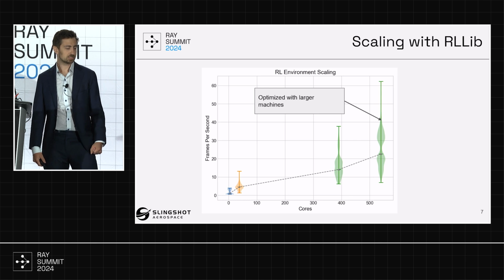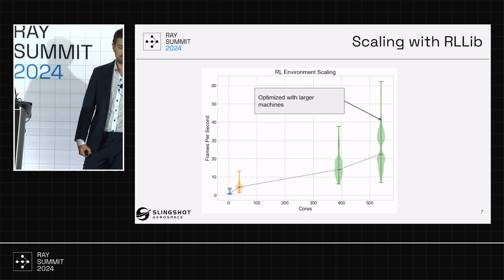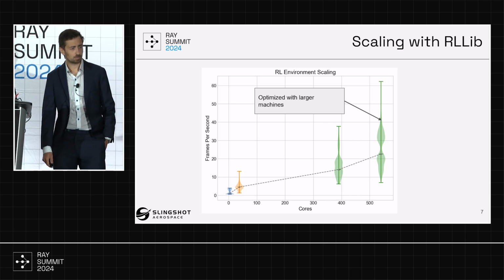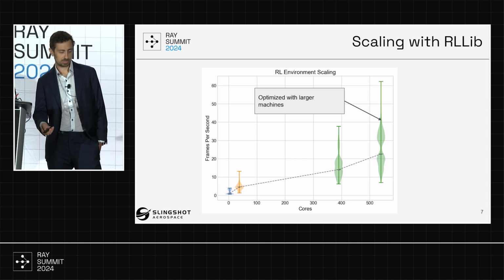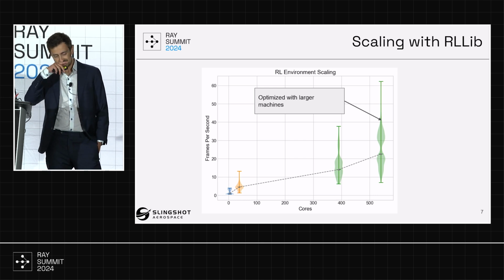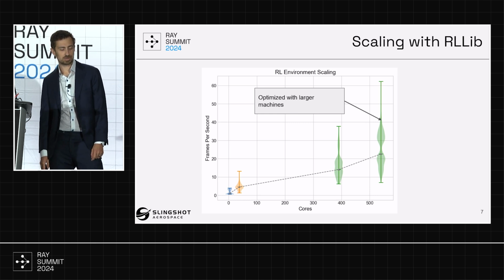This is just a chart that we have to show the benefits that we got with RLlib when we first started. On the y-axis, we have the frames per second that we got with our training, and on the x-axis, the number of cores that we used, where the blue represents our local training.